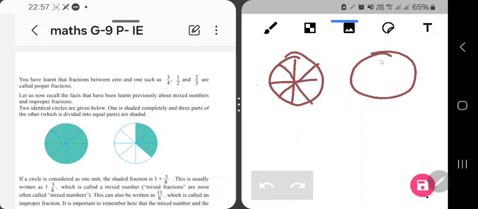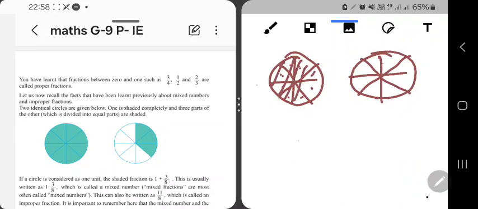Similarly, in the other circle, 1, 2, 3, 4, 5, 6, 7, 8 sections are there, and all of these are shaded. And in the other one, only 3 equal sections are shaded and the remaining ones are not shaded.